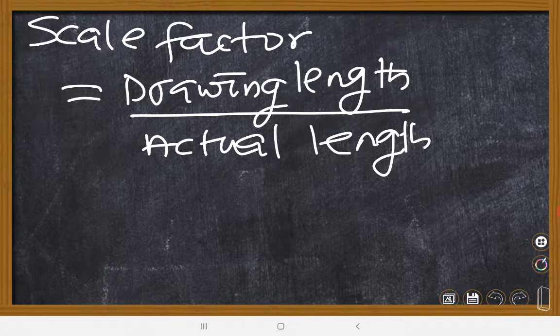Now let us consider the steps of calculating a scale factor. How do you calculate scale factor? How do you find the drawing length when you have the scale factor and the actual length? How do you find the actual length when you have the drawing length and the scale factor?